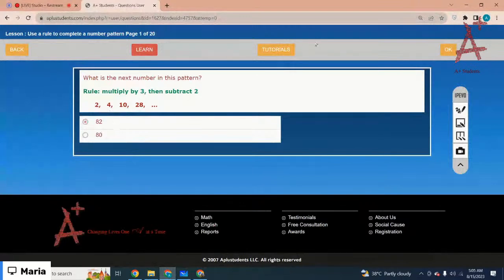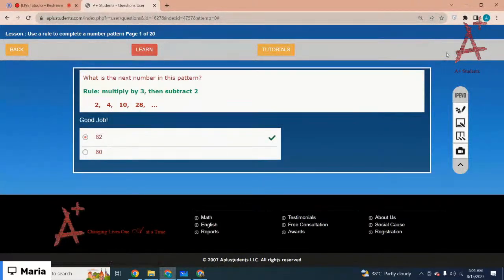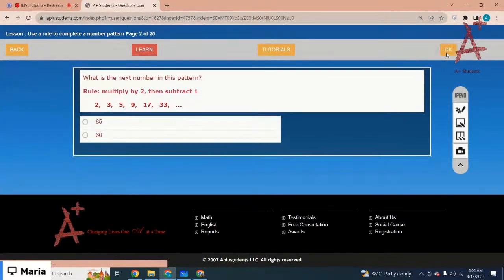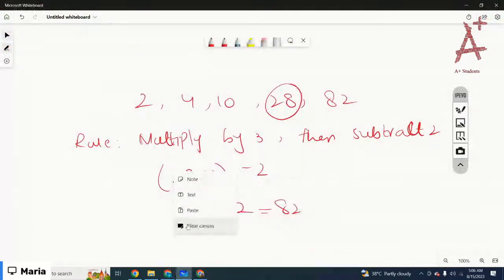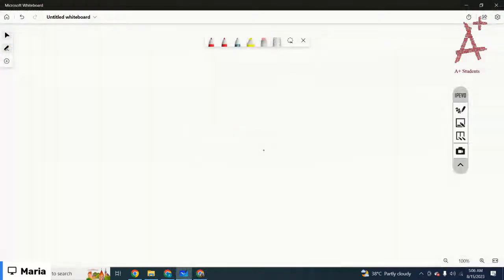What is the next number in the pattern? The pattern is 2, 3, 5, 9, 17, and 33. The rule you have to apply is multiply by 2 and then subtract 1. So start with the last number, that is 33, and multiply by 2 and subtract 1.